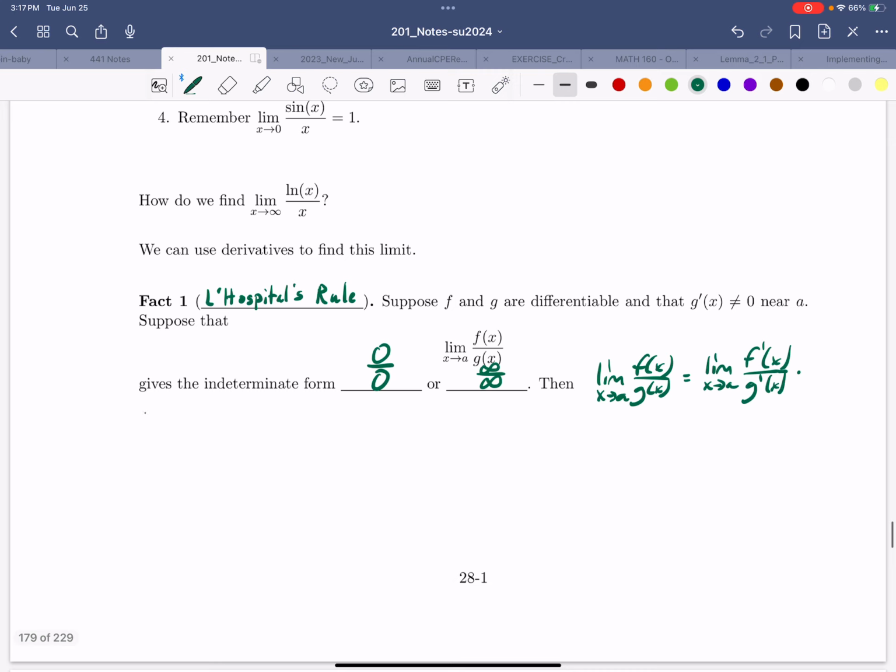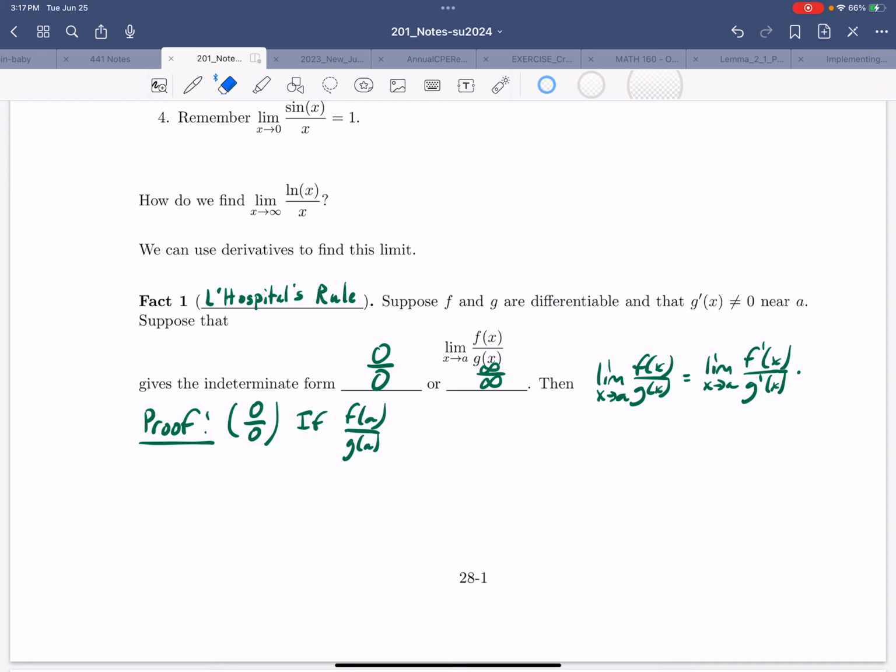So let's prove this very quickly. I'm going to do the 0 over 0 case. The infinity over infinity case is just the opposite. So I guess we'll say if f of a over g of a gives 0 over 0, then what do we really mean by that?